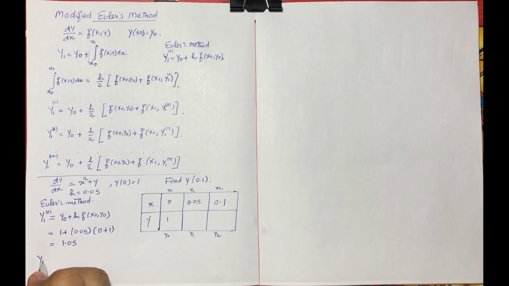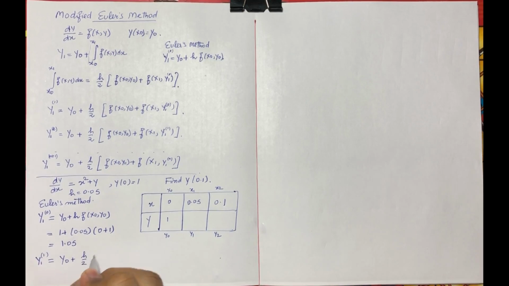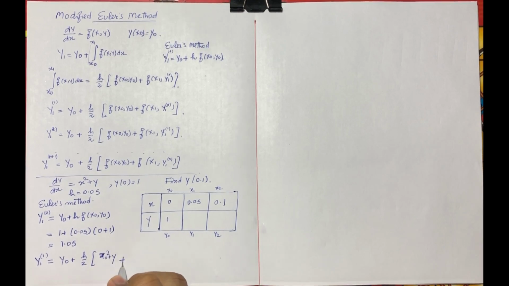Now the first approximation to the solution by Euler's modified method is y0 plus h by 2 times f(x0, y0), meaning x0 squared plus y0, plus f(x1, y1^(0)), meaning x1 squared plus y1^(0).